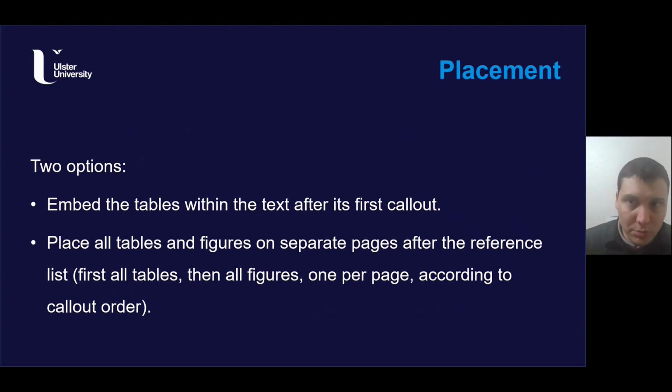There is a second option of how to place the tables, and that option usually is required for publication in peer-reviewed journals because it's easier for copy editing. You place all tables and figures on separate pages after the reference list. Okay, so that's all gonna go to the end.